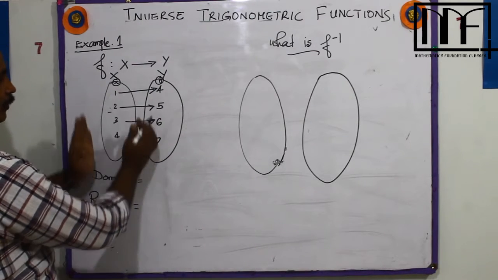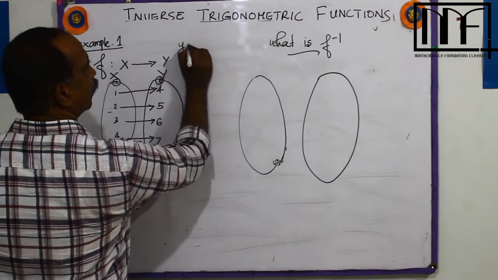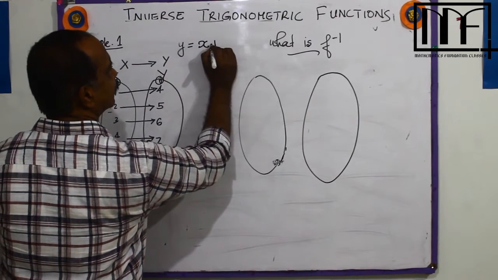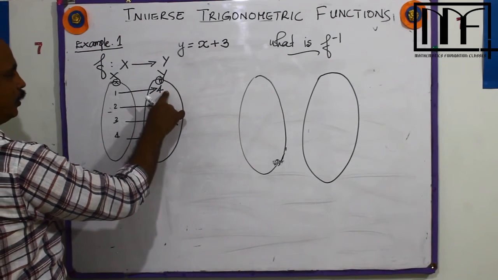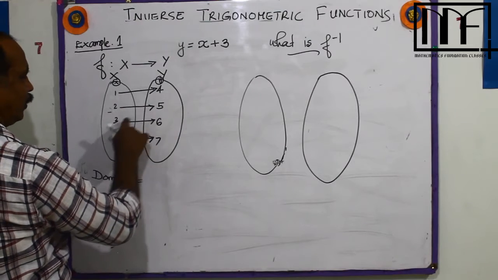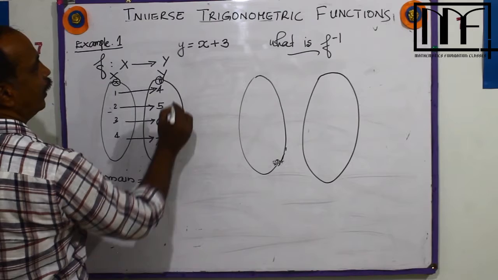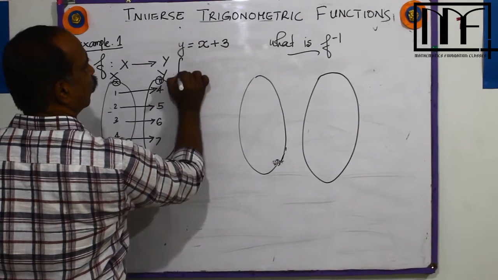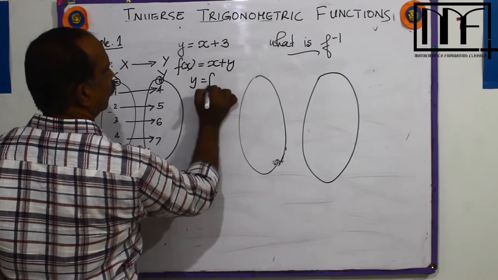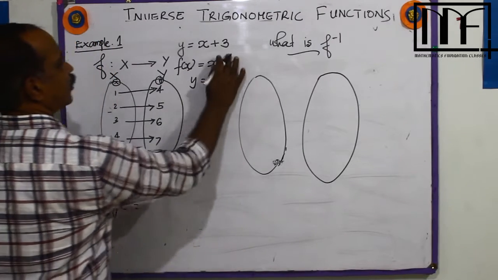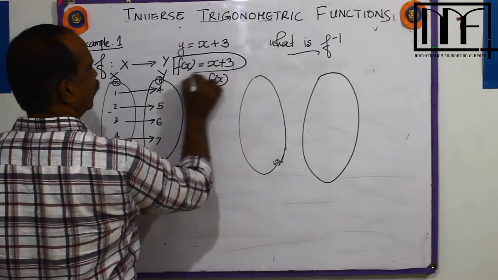So from here we can establish the relation, that y is equal to x plus 3: from the domain add 3 and you will get the range. 1 plus 3 is 4, 2 plus 3 is 5, 3 plus 3 is 6, and 4 plus 3 is 7. Therefore the function here is y equal to x plus 3, or f(x) equal to x plus 3, because y and f(x) are the same. So this is the function f(x).